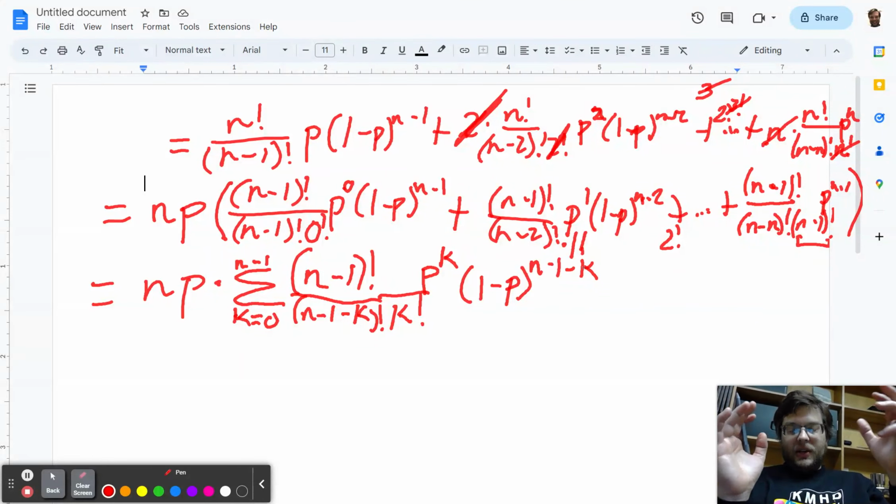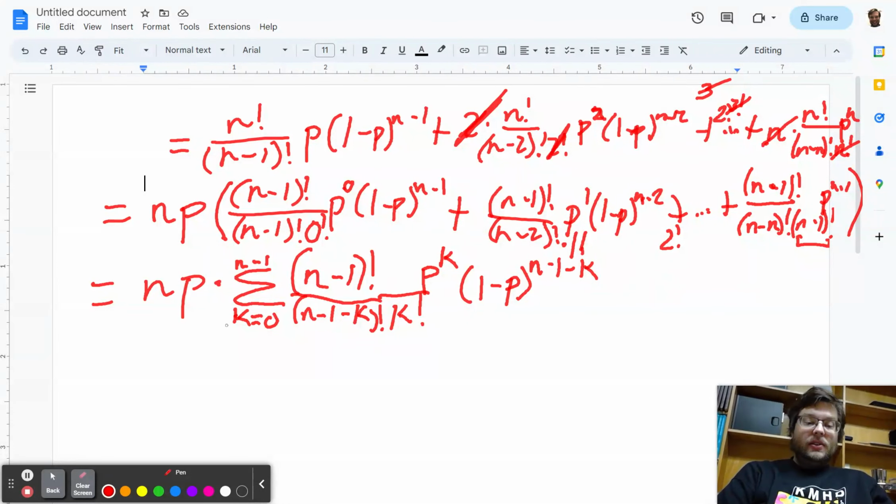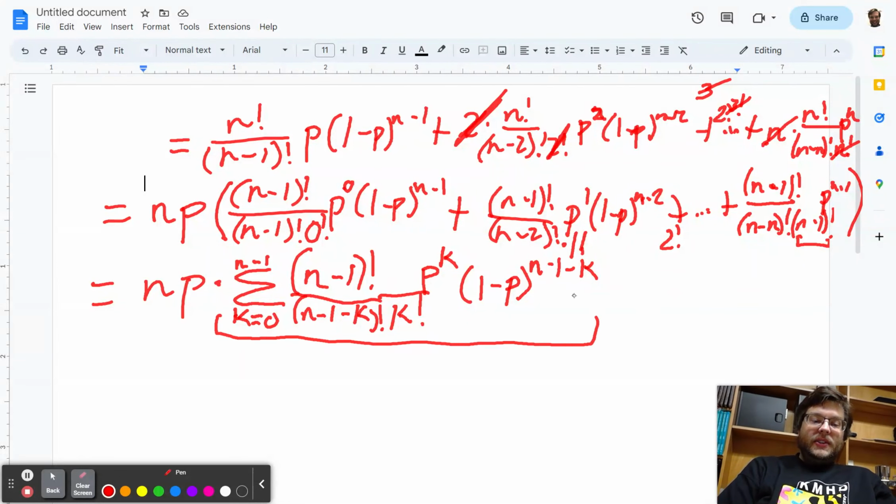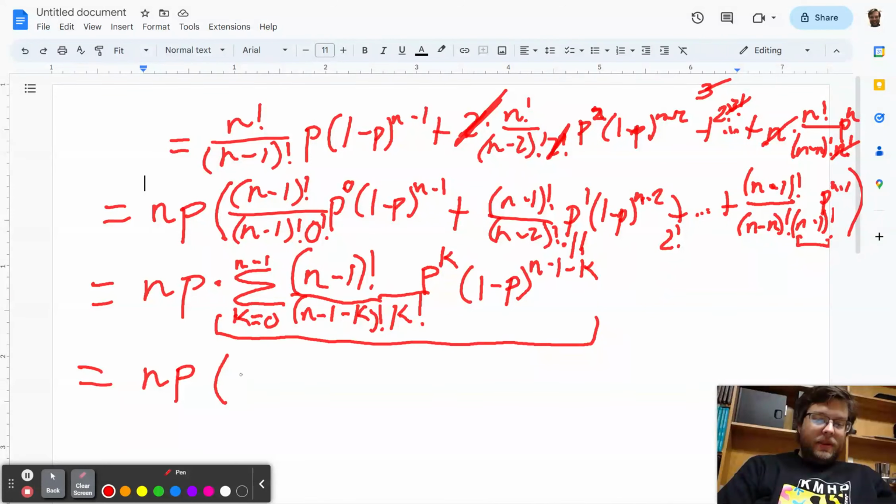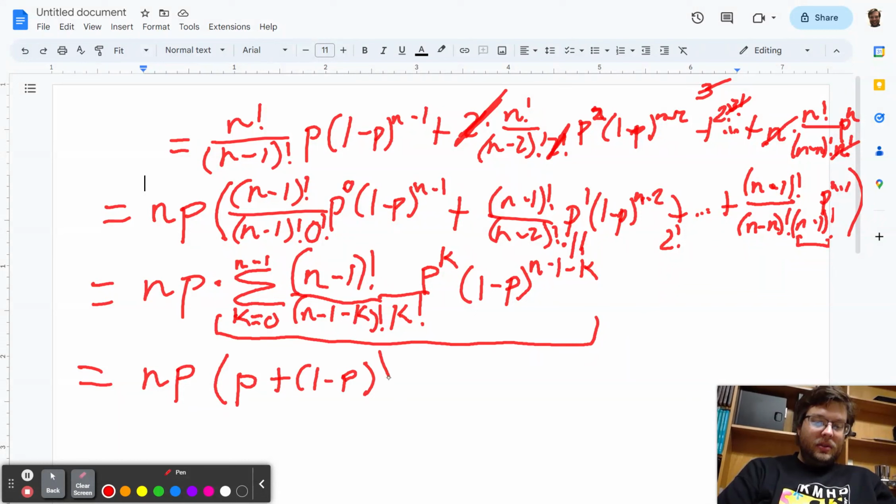After seeing all of that, you should recognize what this is right here. This right here is actually the binomial expansion of p plus (1 minus p) raised to the n minus 1 power.